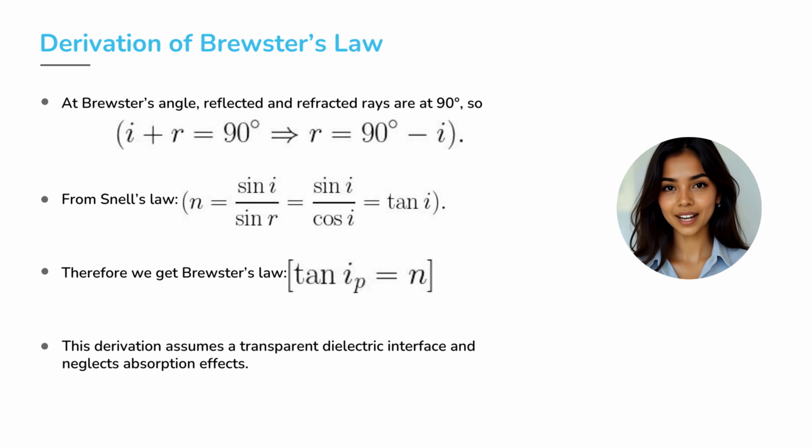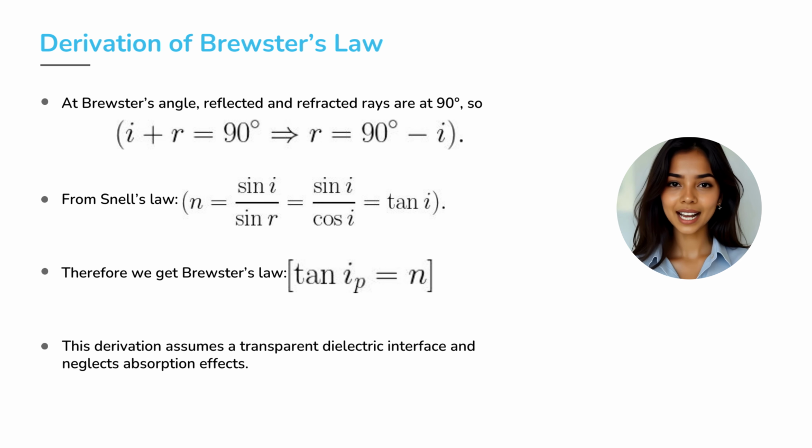We start with the fact that at Brewster's angle, the reflected and refracted rays are at right angles, which means the sum of the incident angle and the refracted angle equals 90 degrees. That is, incident angle plus refracted angle equals 90 degrees, so the refracted angle equals 90 degrees minus the incident angle. Next, Snell's law tells us that the ratio of the sine of the incident angle to the sine of the refracted angle is equal to the refractive index.